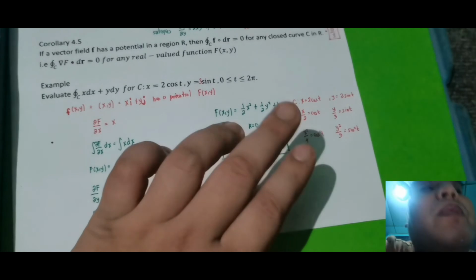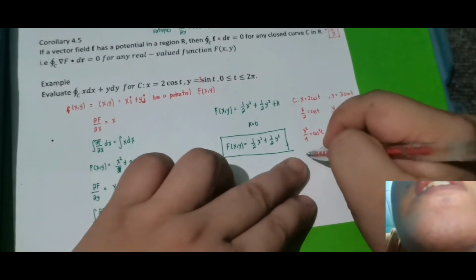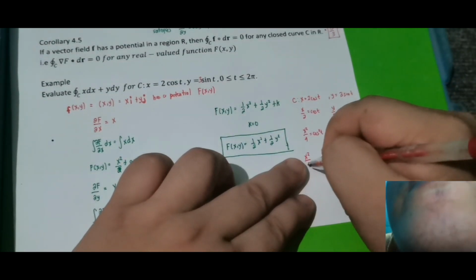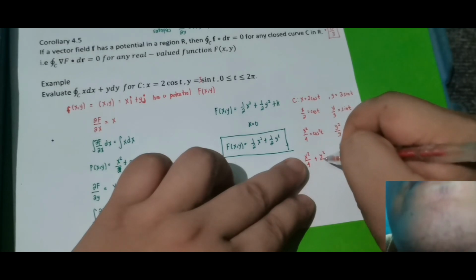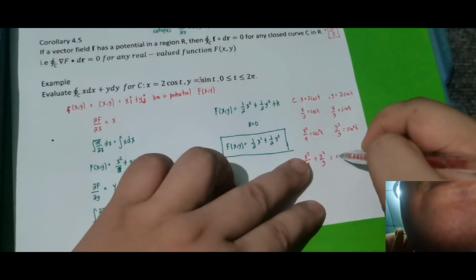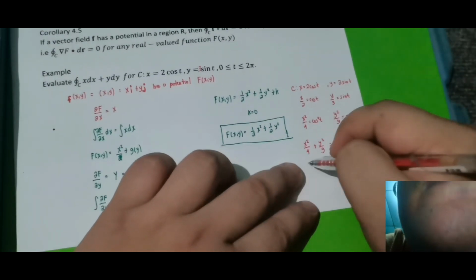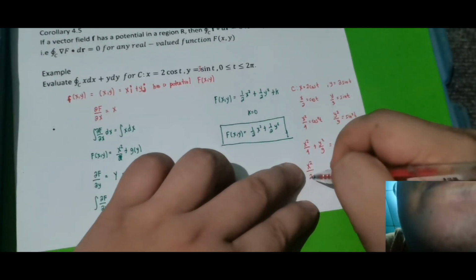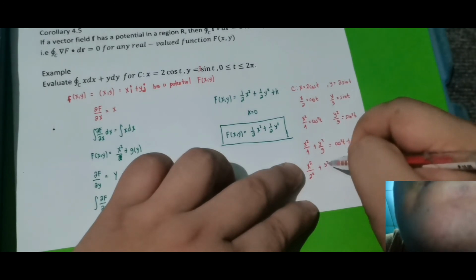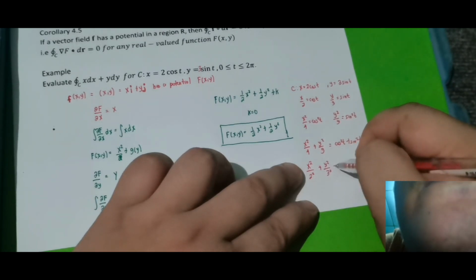So, pag pinag-add ko, left side sa left side, right side sa right side, this is just simply x squared over 4 plus y squared over 9 is equal to cosine squared t plus sine squared t, which is equal lang sa x squared over 2 squared plus y squared over 3 squared, which is equal to 1.